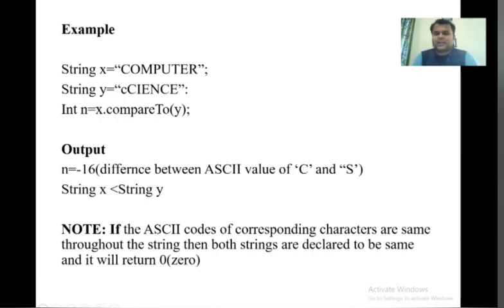We compare the first character in the first string with the first character in the second string, then it differentiates. Note, if the ASCII codes of the corresponding characters are the same throughout the string, then both the strings are declared to be the same. Right? The difference is computed between two characters.